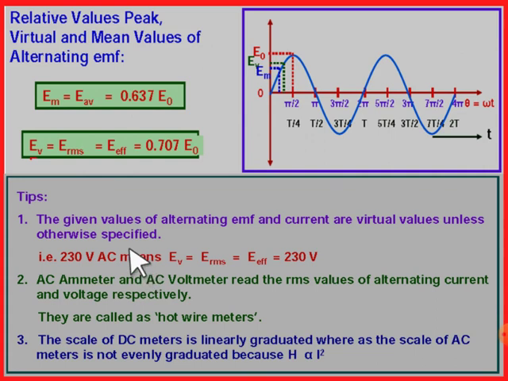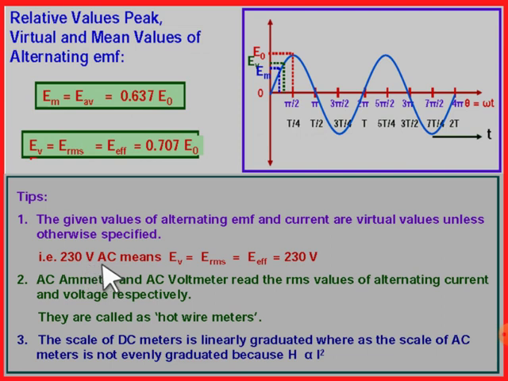But if it is the mean or average, then it will be specified. If they are going to express it as 230 volt mean, then they have to state that this is the mean value, or that the average value of AC is 230 volt.